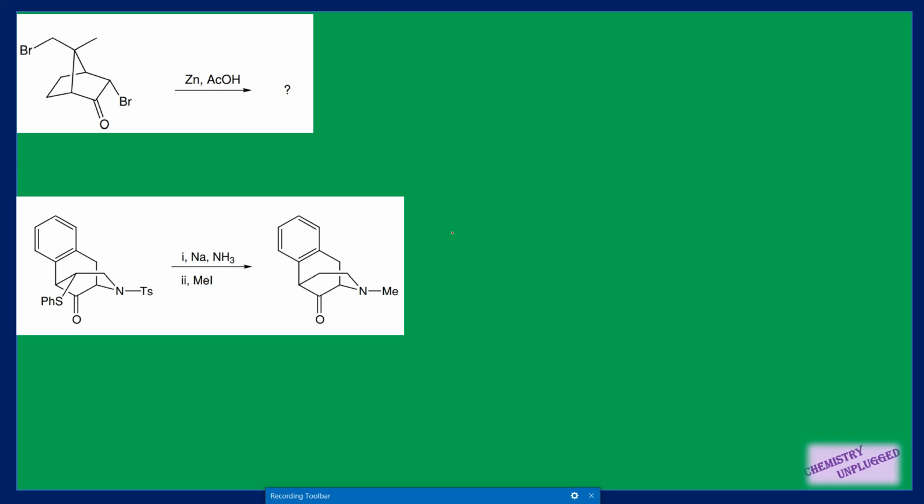Then next is the reaction of zinc and acetic acid. So we have already discussed the use of this zinc and acetic acid, that whenever you have alpha halo, alpha hydroxy, alpha acyloxy group attached next to ketones, then they will undergo removal using this zinc acetic acid.